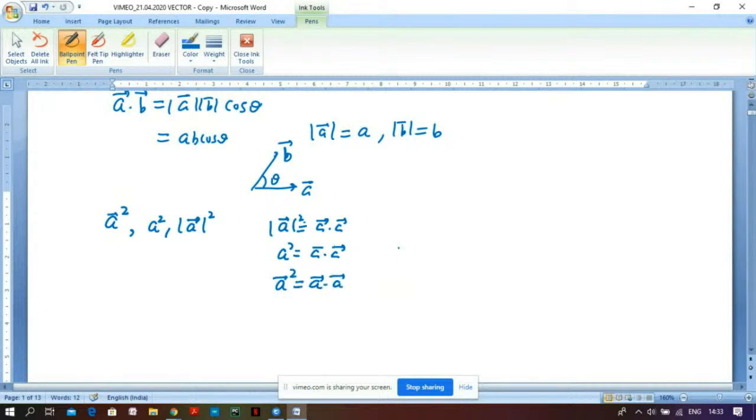You should not be surprised, or think that this is vector A square. Vector A square is the same as saying mod A square, and it is the same as A dot A. So this is not ambiguous. There is only one way you can read it. Or still simply I can write A squared.